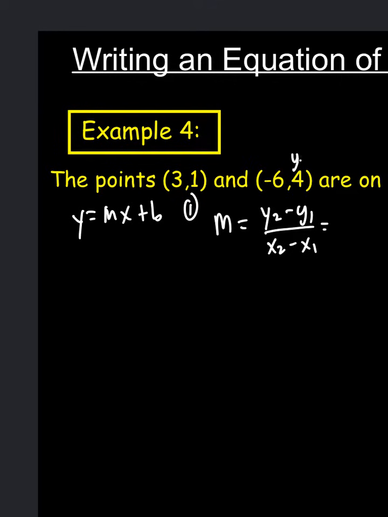So 4 is y2, 1 is y1, so it's going to be 4 minus 1. And negative 6 is x2, and 3 is x1, so it would be negative 6 minus 3. So our slope is going to be 3 over negative 9, which is negative 1/3 if we reduce that fraction.